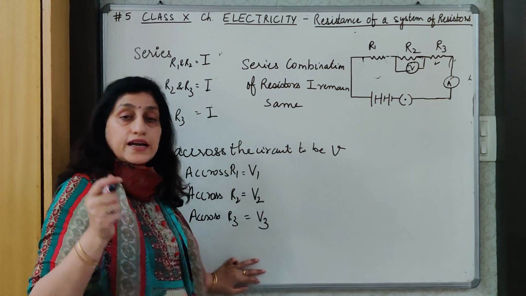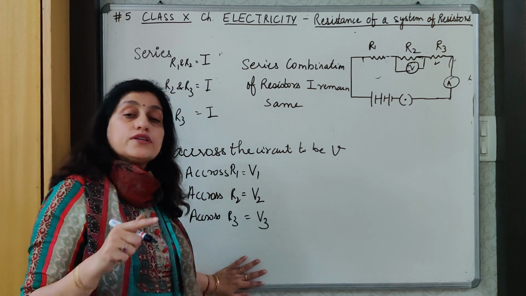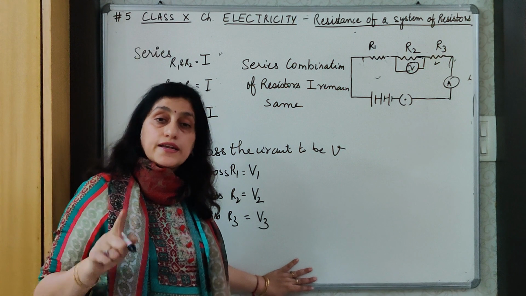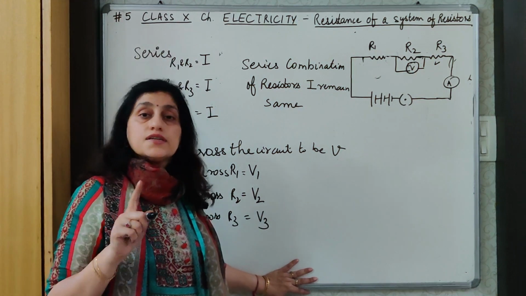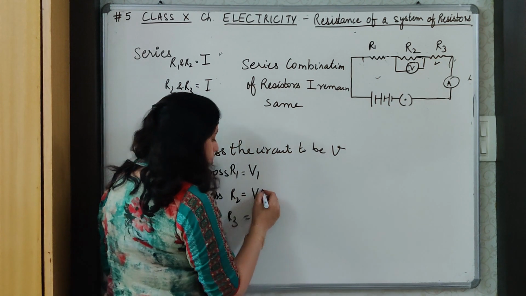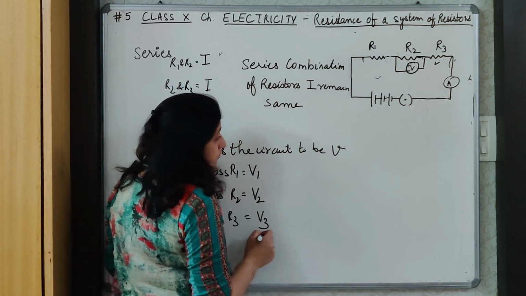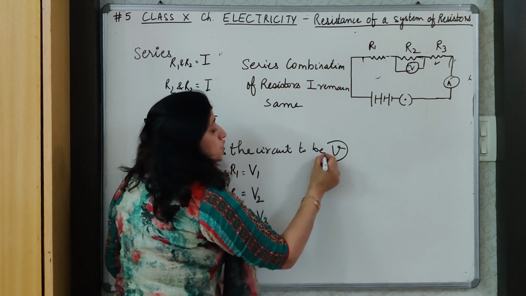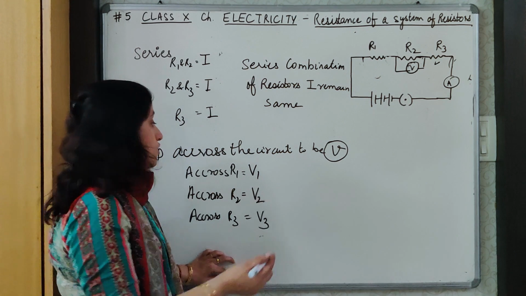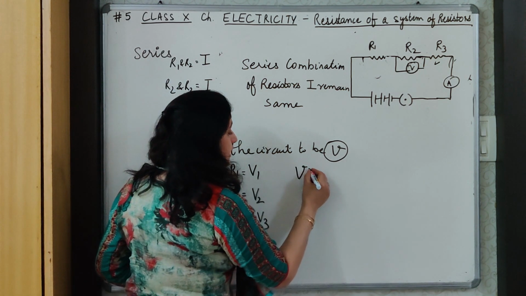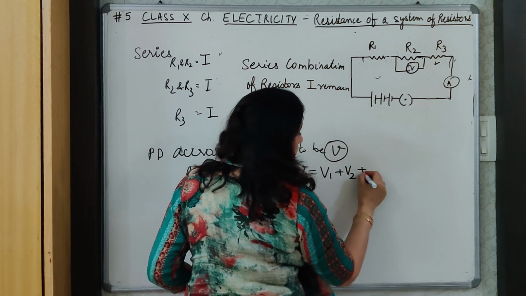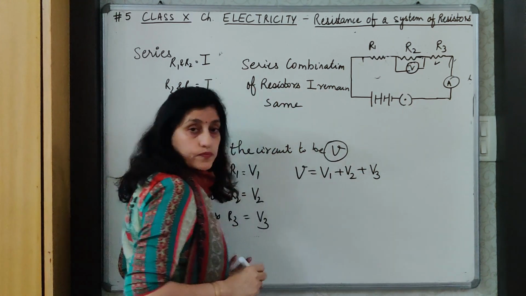So we observe that in a series circuit the potential difference across each component is different, but the current across each component is the same. And it is also observed that the total of these three potential differences is equal to the total potential difference of the circuit or of the combination. So we say it is observed that V is equal to V1 plus V2 plus V3.